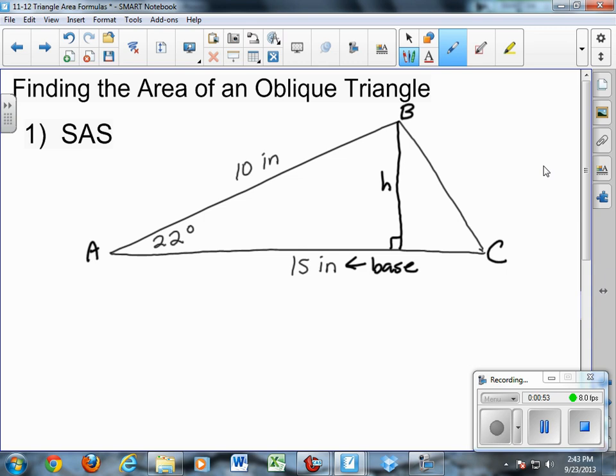So I'm going to call this H. In order to find H, I notice that I have a right triangle now here. So I can say, using my trig ratios, that H is the side opposite to 22 and 10 is the hypotenuse. So I can use the relationship sine of 22 degrees is equal to H over 10 to find H. So H is 10 sine of 22 degrees.